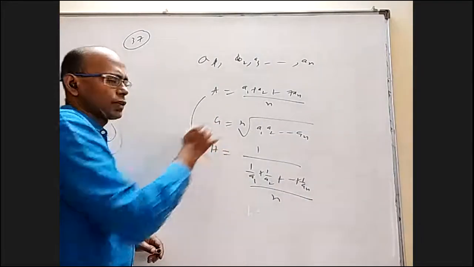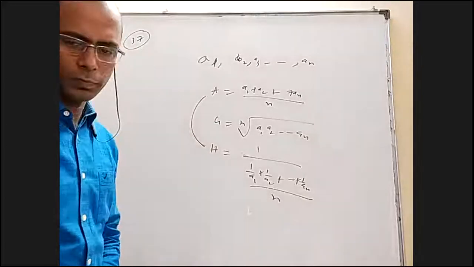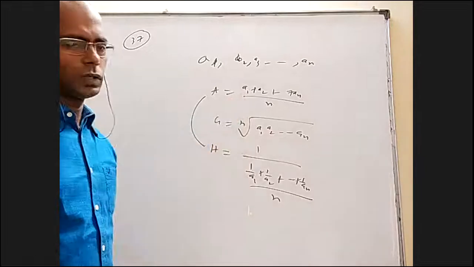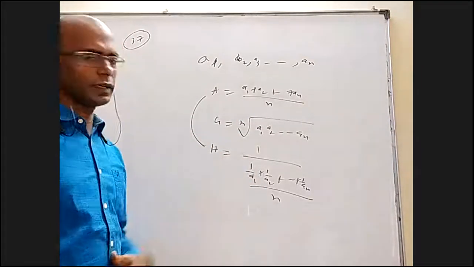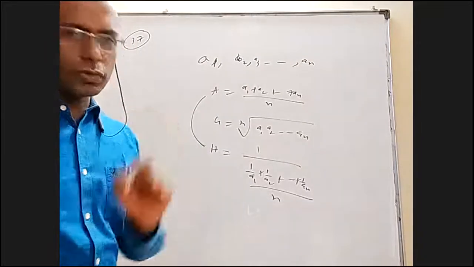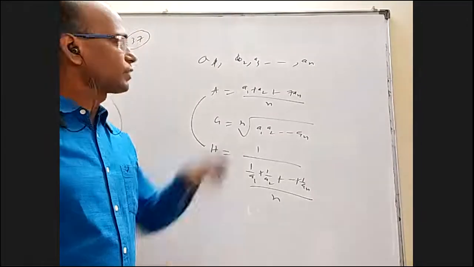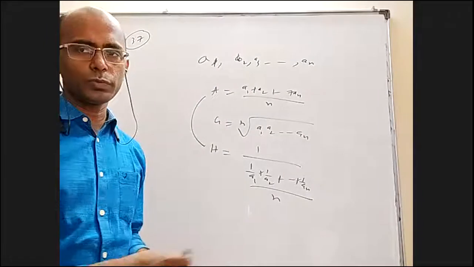When you multiply these two, I don't think we'll get this. Correct, no? Or will we get the square of this? No. Because this is an nth root, and when you multiply these two, even if you take power n, it is not correct, because when you take the LCM, it is completely different. Okay. So AH equal to G square is true only for two numbers, not for 3 or 4 or 5. But if you take n numbers, it is not true now, but I think if they are in geometric progression, it may be true. We have to check on that.